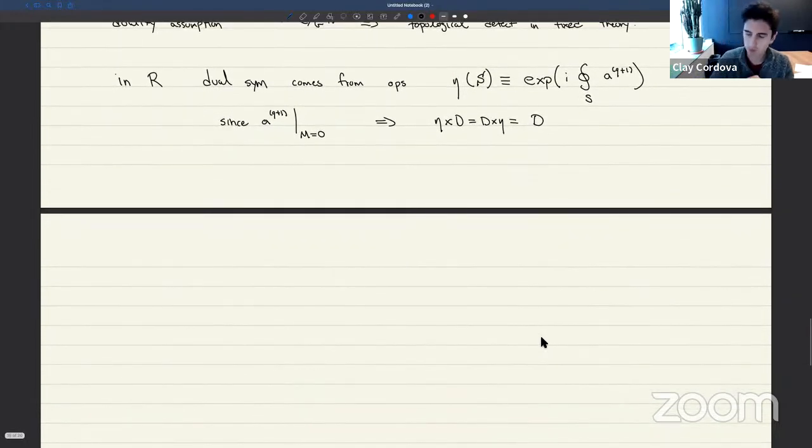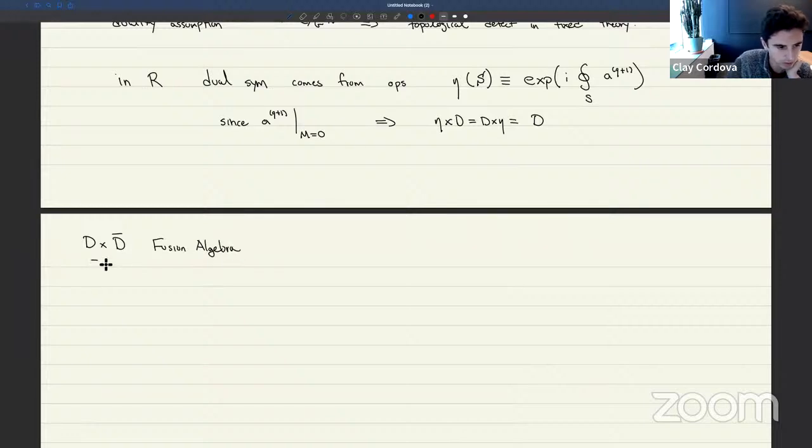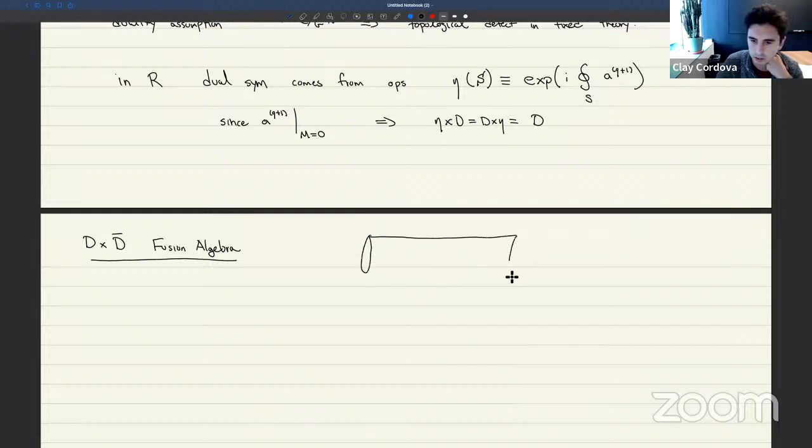Okay, so that part of the fusion algebra is easy. But a more interesting part of the fusion is what happens when we collide D and D bar. So what will be the picture of colliding D and D bar? Let's try to draw it.